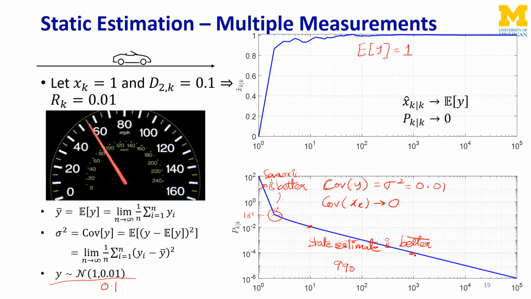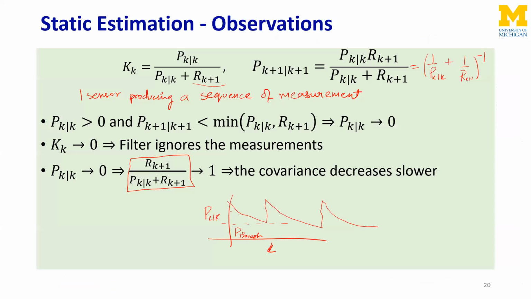Now, to drop the error by 2 orders of magnitude again, let's say going from 10 to the minus 4 to 10 to the minus 6, we actually need 100,000 minus 1,000, which is 99,000 steps. So the same drop now takes far more data to produce a better estimate. So that's why we say that the rate of drop of the covariance gets slower and slower. It does go to 0, but it goes to 0 ever more slowly.